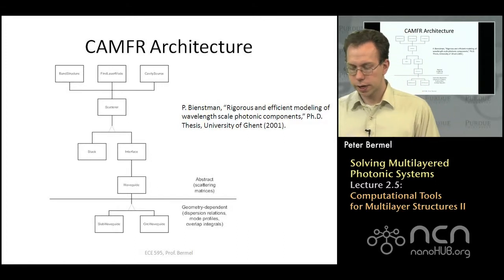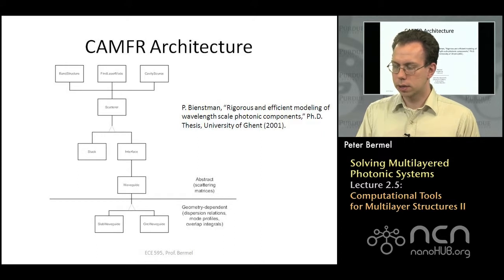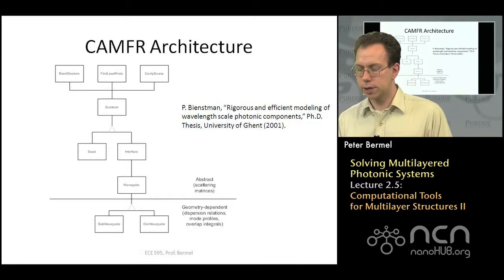Now, this is just showing very briefly the overall computational structure of CAMFR, in particular showing that it breaks up its representation into two parts. One part is basically focused on the abstract representation of scattering matrices and representing different problems, like different types of solution methods, using different sources.